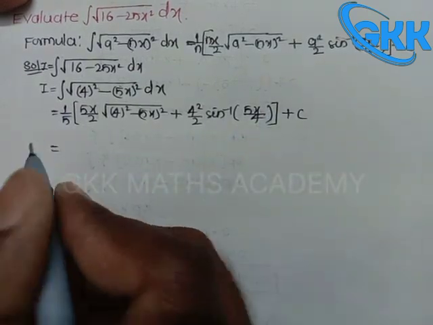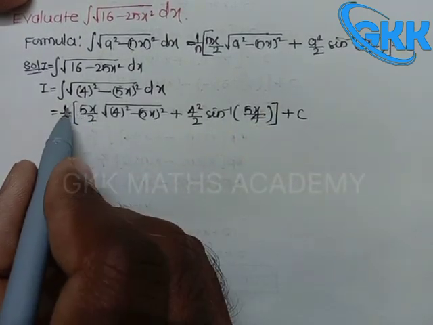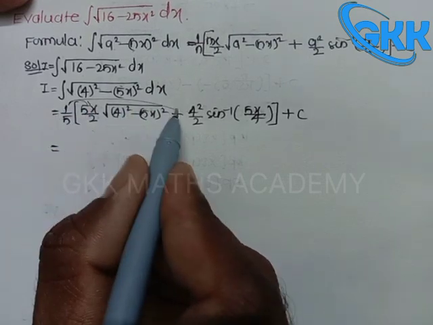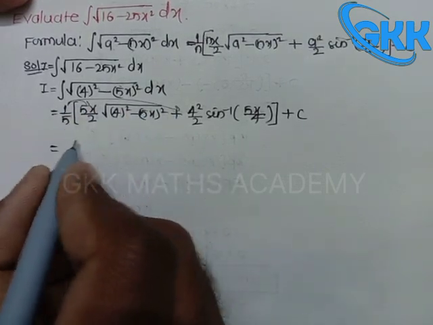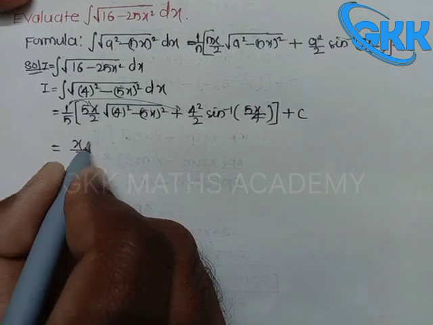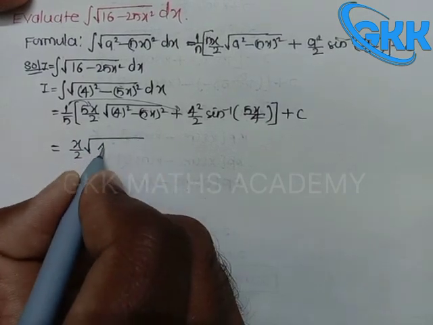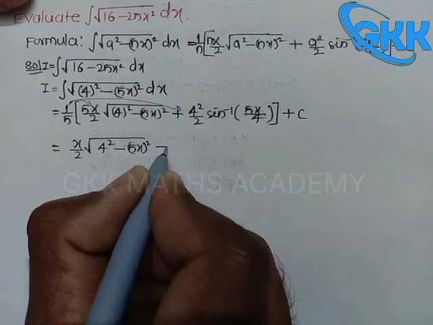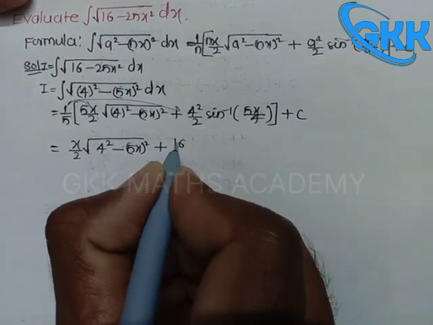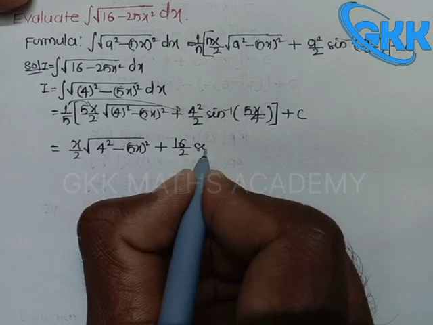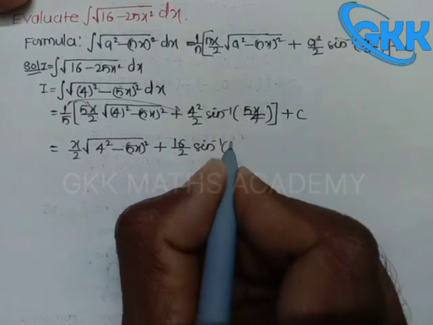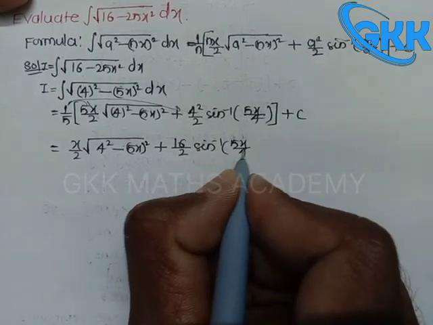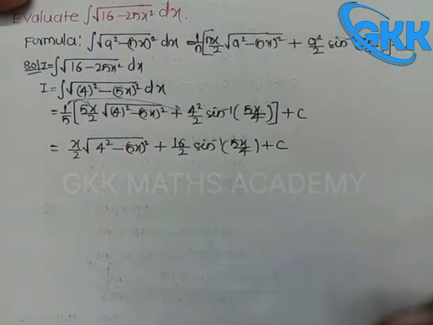I multiply each term in the bracket. This 5 cancelled. We get x upon 2 times the square root of 4 square minus 5x whole square, plus 16 upon 2 sine inverse 5x upon 4, plus c.